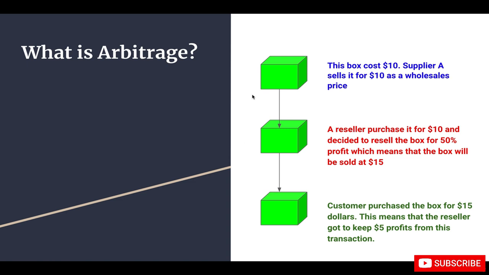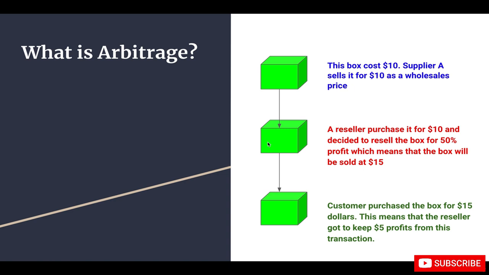I found this product to be amazing, so I decided to purchase. I communicated with supplier A, and he agreed to give me the $10 wholesale price. So now I purchase this green box, and as a reseller, obviously I want to generate profit, right?